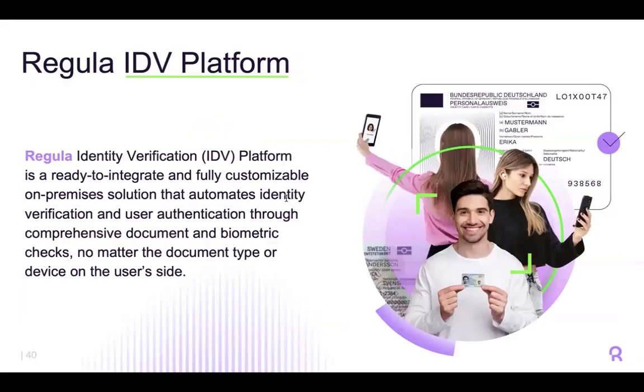So, to eliminate the hassle of supporting different solutions for every document type or scenario, we provide the Regula IDV platform. As an all-in-one solution, it supports all the necessary components to perform the required tasks for document and biometric verification, just like with Regula hardware and software, and also with existing third-party hardware components and services as well.